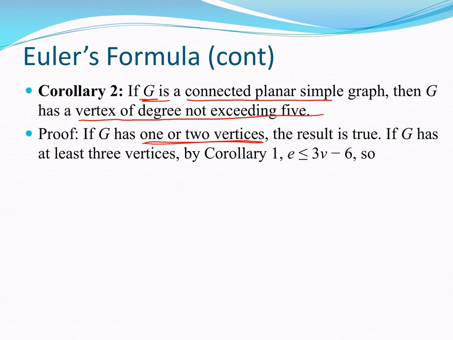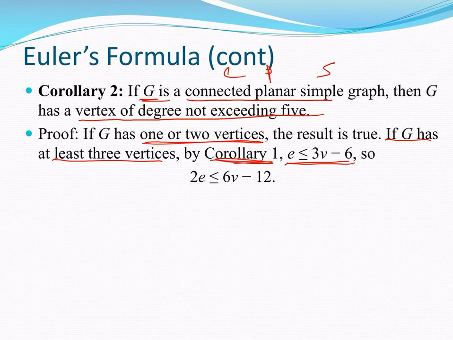I will have a degree less than or equal to 5, excuse me. And if I have 3 or more vertices, I can apply Corollary 1 and say, since I've got a connected planar simple graph, that the number of edges is less than or equal to 3v minus 6. Now if I multiply both sides of that by 2, I get 2e is less than or equal to 6v minus 12. So I'm going to prove this by contradiction.